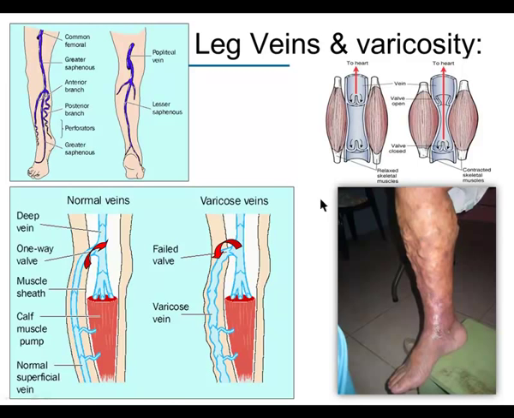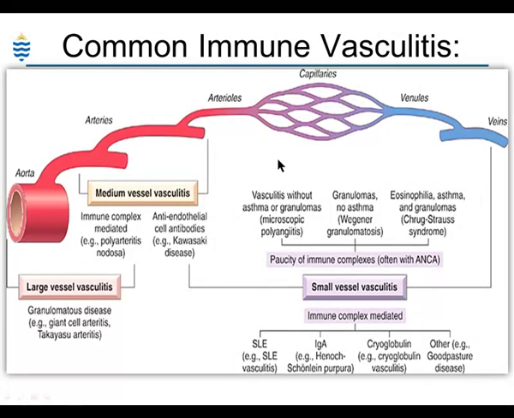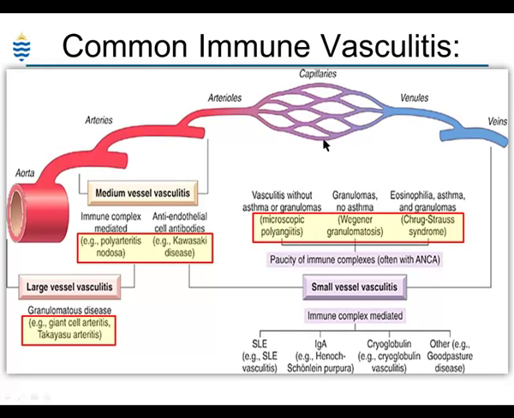Okay. So, varicose veins. Now, vasculitis, inflammation of the blood vessels, is classified according to how it affects the large vessel, giant cell arteritis, the medium vessel, polyarteritis nodosa and Kawasaki disease, and the small vessels, microscopic polyangiitis, Wegener's granulomatosis.